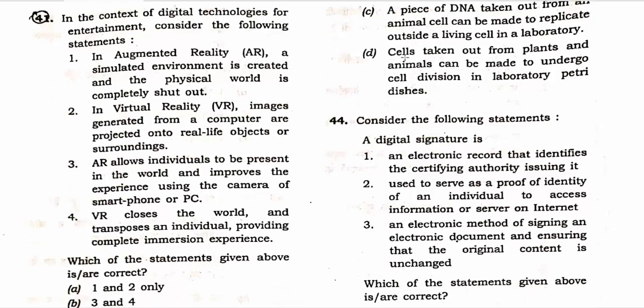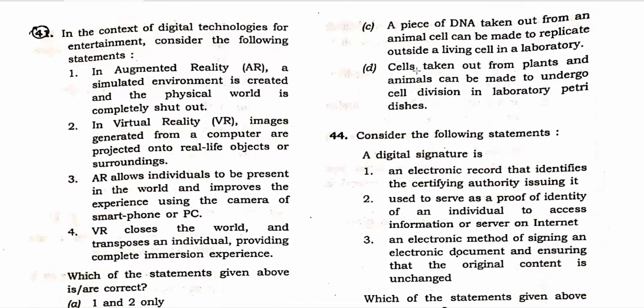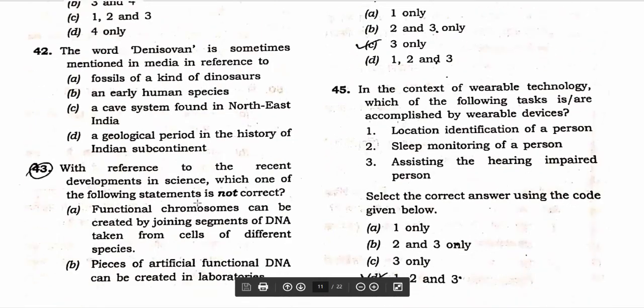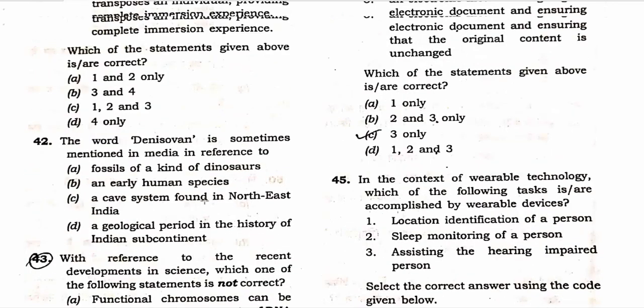And D, cells taken out from plants and animals can be made to undergo cell division in laboratory Petri dishes. So again, somewhere we would be able to conclude, but definitely not option A, because functional chromosomes created by joining segments of DNA taken from cells of different species is not an answer. So that is not the correct answer.